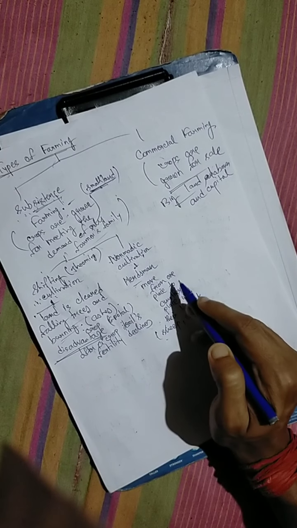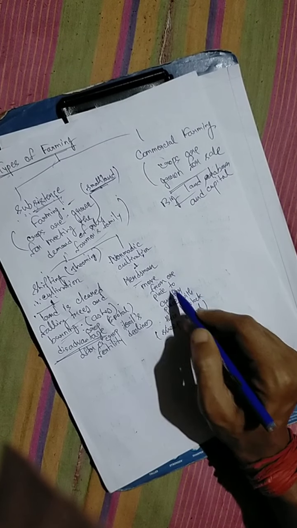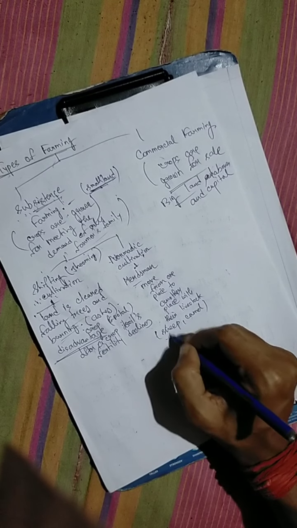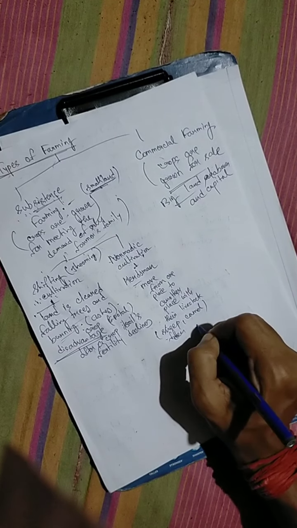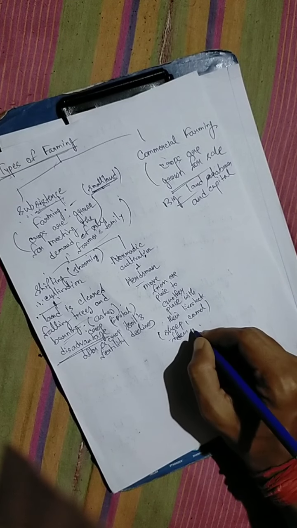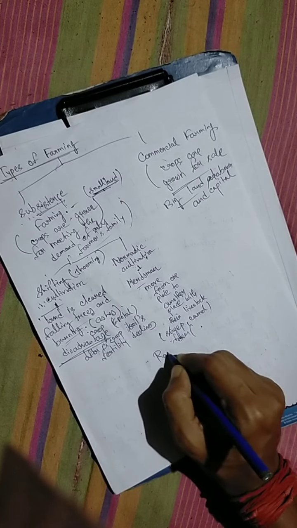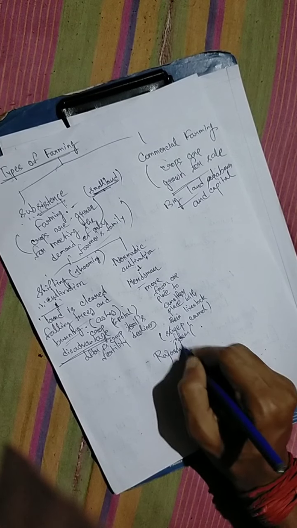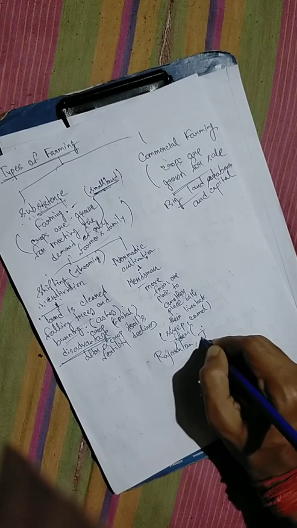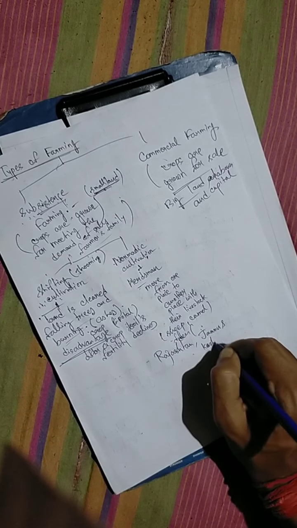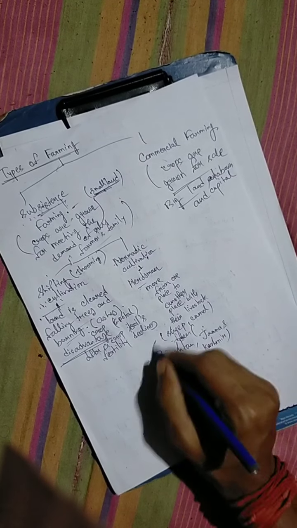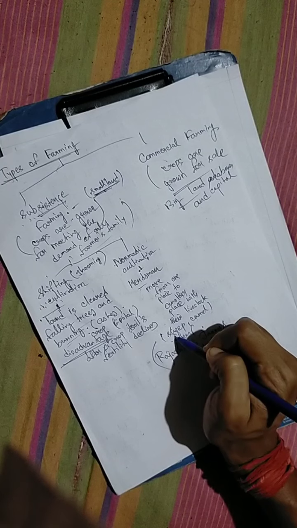They move because of temperature change from one place to another with fodder. They carry fodder and move. In our country, mainly some parts of Rajasthan and Jammu and Kashmir, this type of cultivation happens.